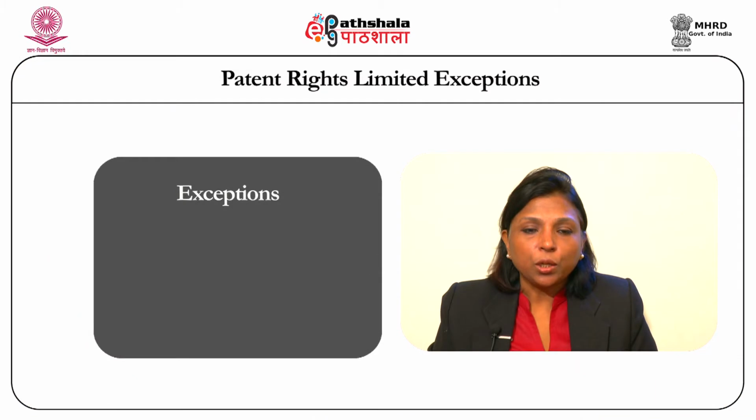Now, to talk about the section 47 exception, which is very clearly enshrined in the section which deals with the rights of the patentee. It says that the use by government for own use is exempted.